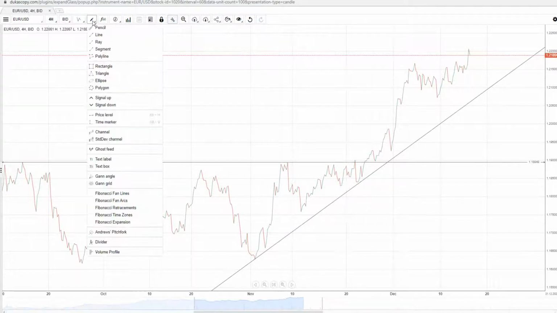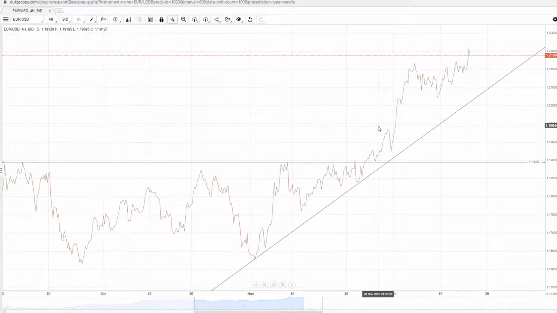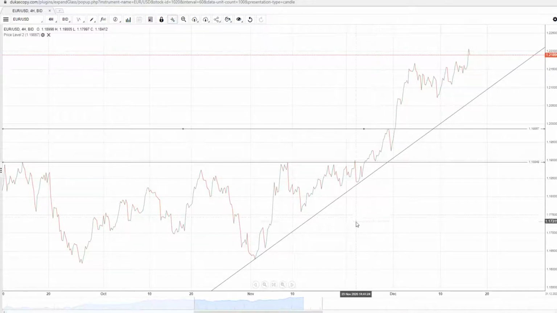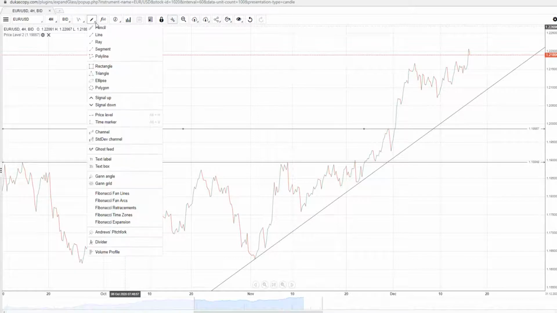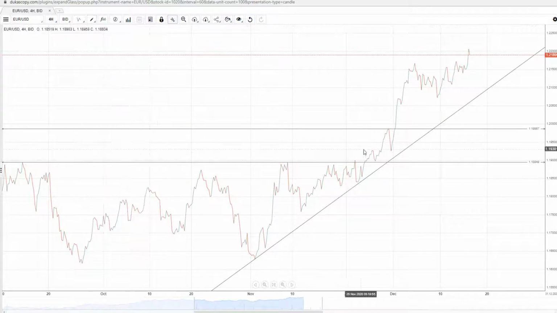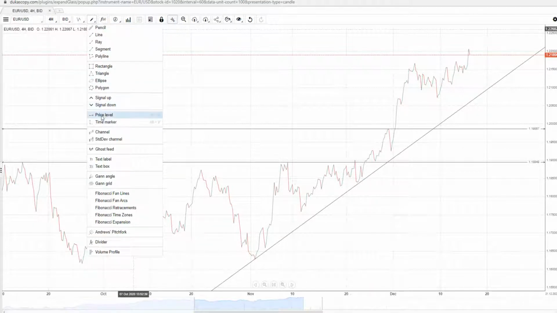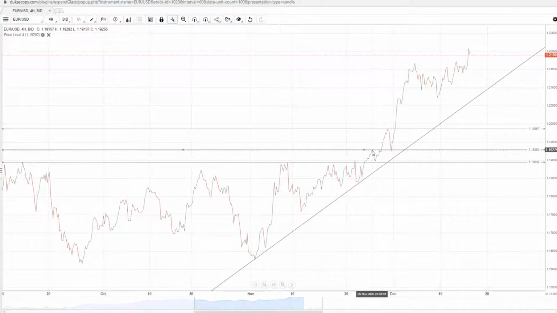I already put the price level at that mark, the same at this level. And let's take it again, the vertical line. Let's put it at this point, and again we'll take it and add it to this current level. I'll put it here. It's better.